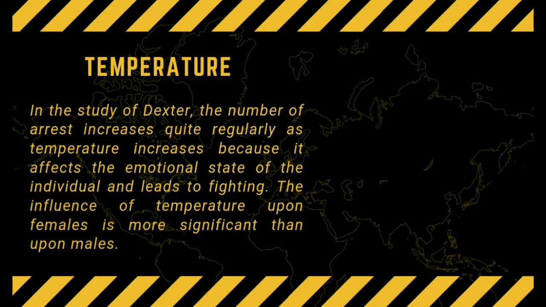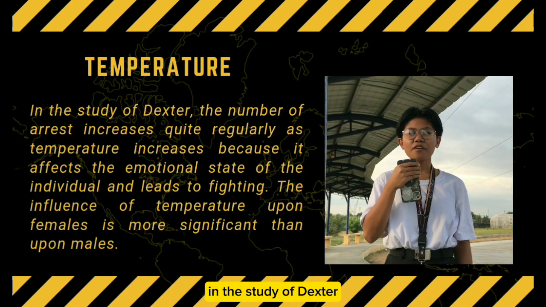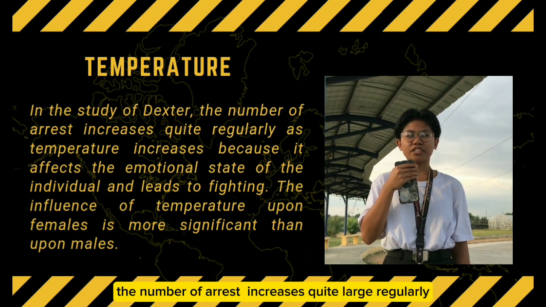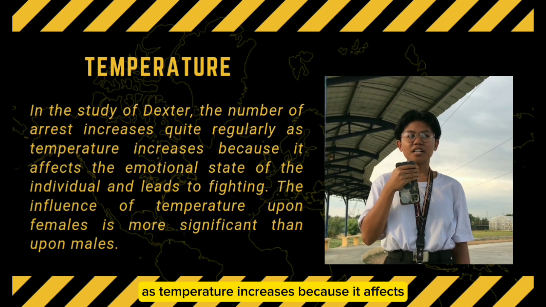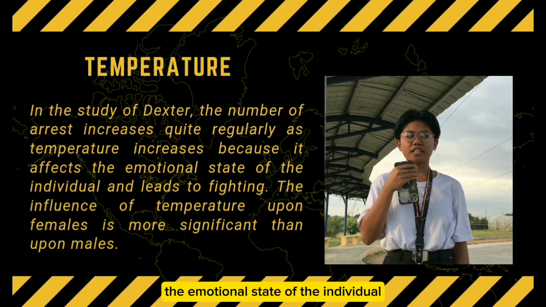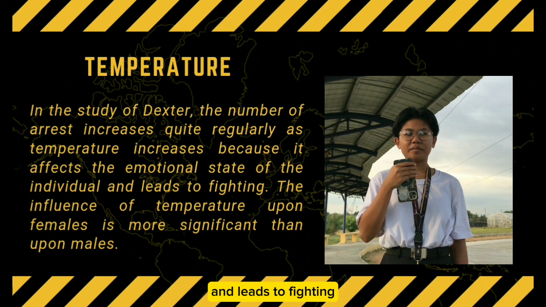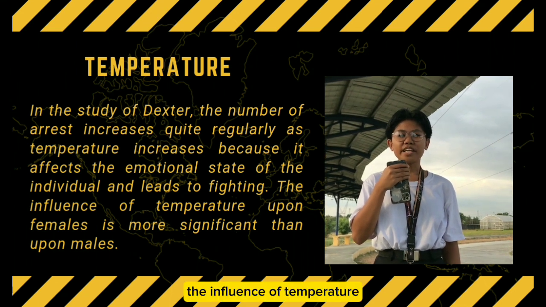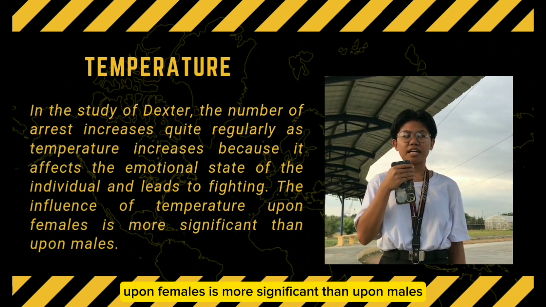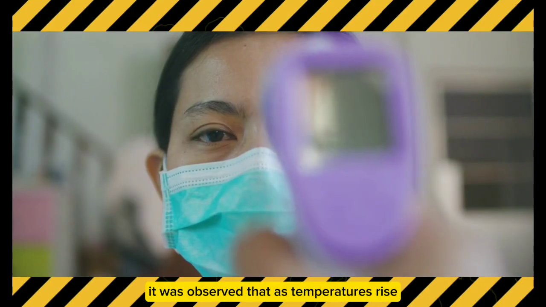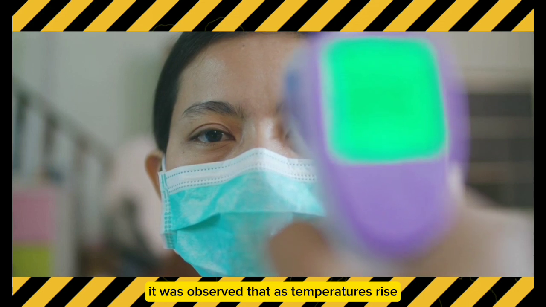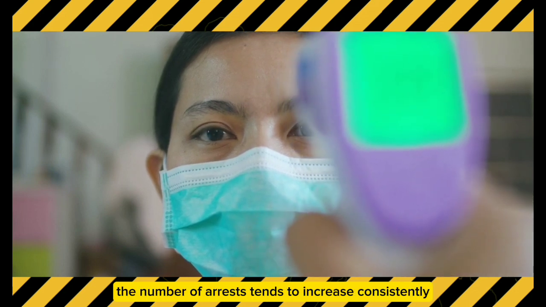Temperature. In the study of Dexter, the number of arrests increases quite regularly as temperature increases, because it affects the emotional state of the individual and leads to fighting. The influence of temperature upon females is more significant than upon males. This means that in Dexter's study, as temperatures rise, the number of arrests tends to increase consistently.